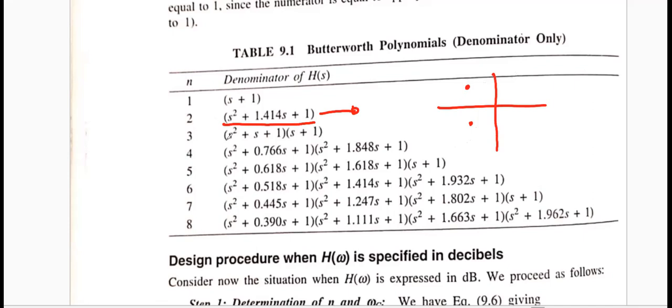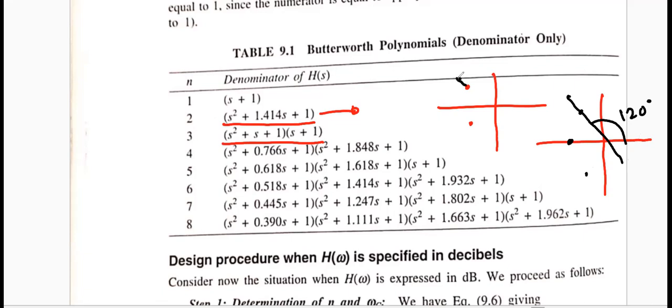But whenever it is the third order filter, try to understand why they are different. In the third order filter, the pole locations are like this, this, and this. In that case, this angle, the first angle, is 60 plus 60, 120 degrees.